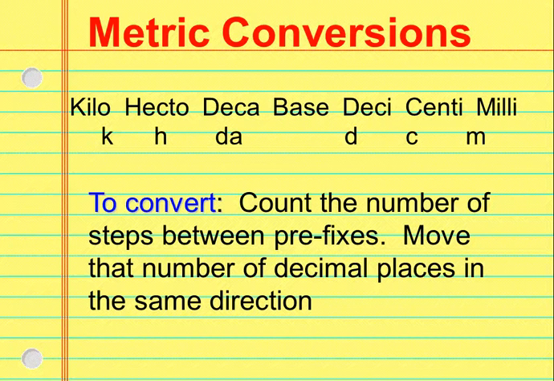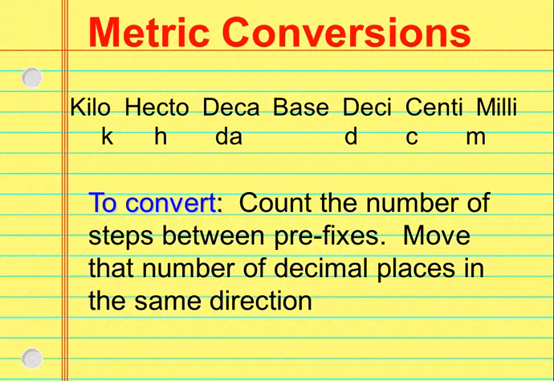You are going to be getting assignments where you practice converting units within the metric system. It's very easy to convert between, say, centimeters and meters, or kilometers to decimeters. I set it up with the prefixes across the top in the order in which they appear according to their size. Every time I move to the left or to the right, I am moving another decimal space.